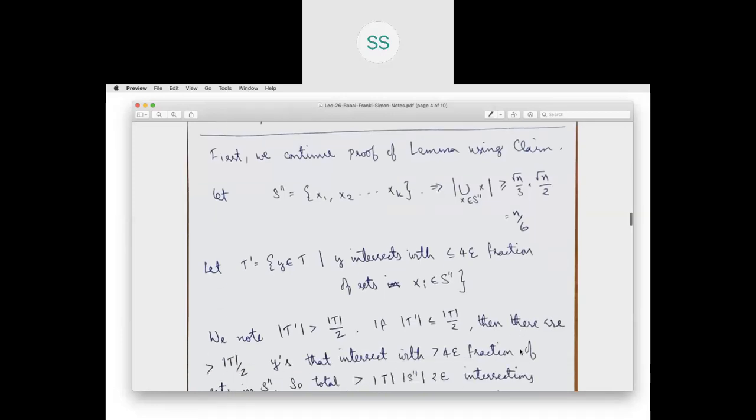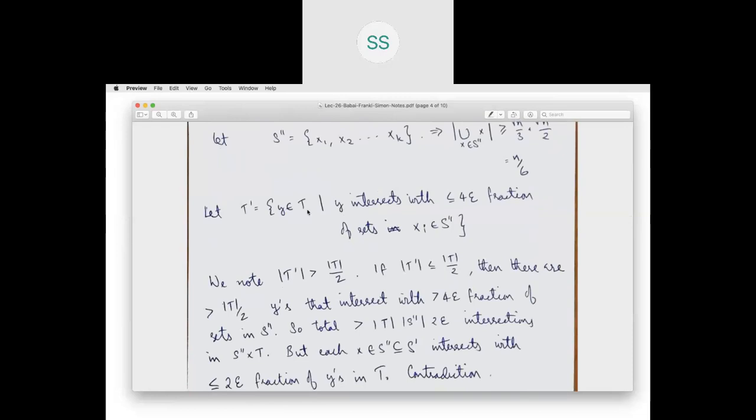Okay, so now let us define a set called T prime or T dash, which is a subset of T. What is the property of T prime? T prime consists of those Y that intersect with at most 4 epsilon fraction of sets xi in S double prime.